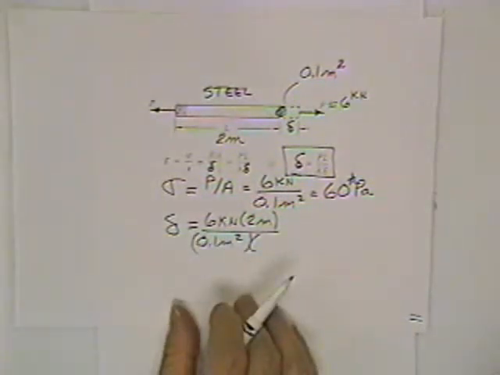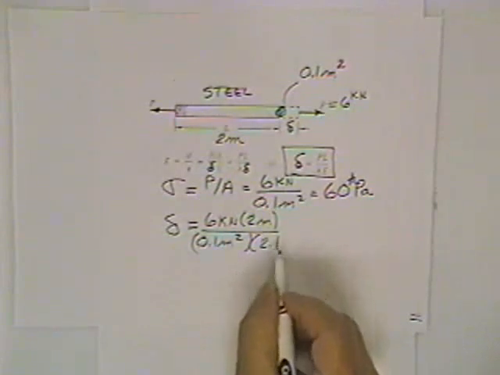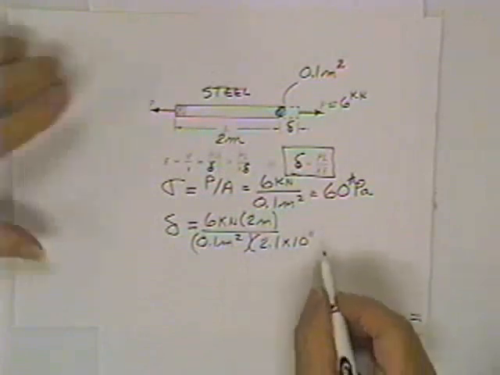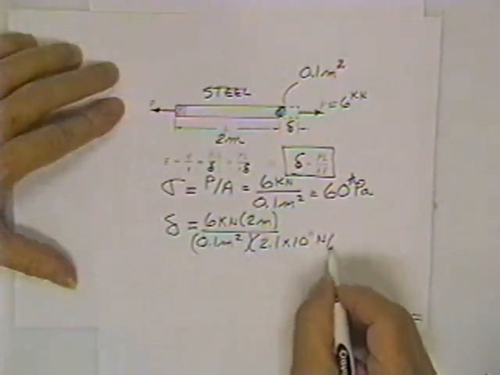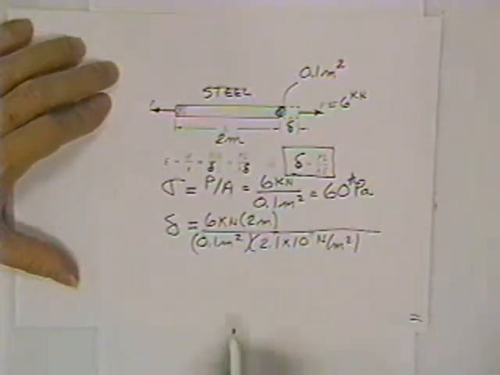So let me go over to the book on page 32. Modulus of elasticity of steel in metric units is 2.1 times 10 to the 11th newtons per square meter, which is a Pascal.